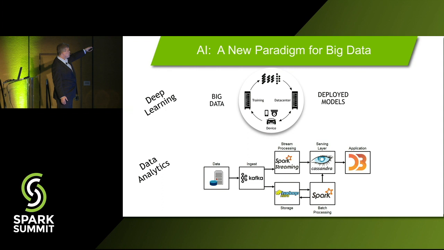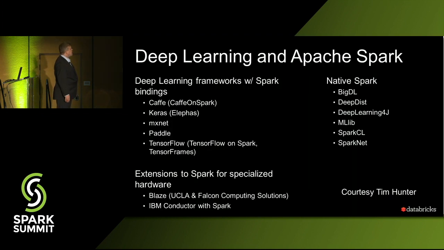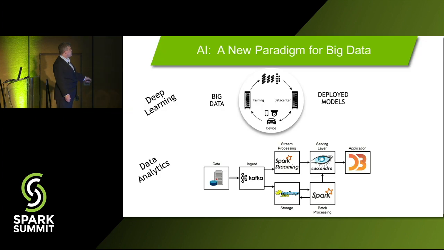Whereas with deep learning, you've got big data, you're constantly training and deploying models, and they're getting better and better, so it's sort of a virtuous cycle. And the question is, can you do deep learning on Spark is the first question I want to address.